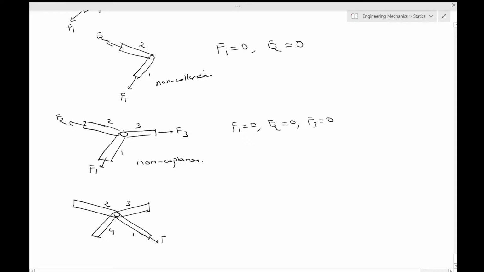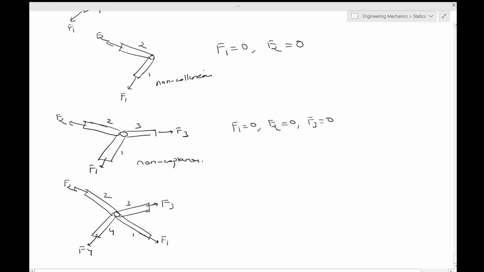Let's take it as F1, this is collinear with F2, then F3 and F4. Now in this particular case you have two collinear members, clearly 1 and 2.